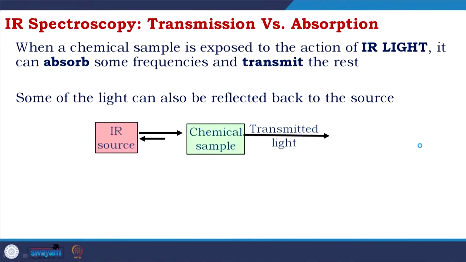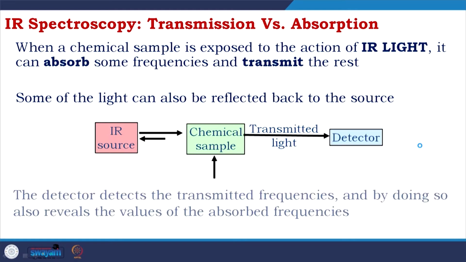So, if you look, you have an IR source, it goes to the chemical sample which you put under experimental conditions, then the transmitted light goes to the detector and detection happens. The detector detects the transmitted frequencies, and by doing so also reveals the values of the absorbed frequencies.